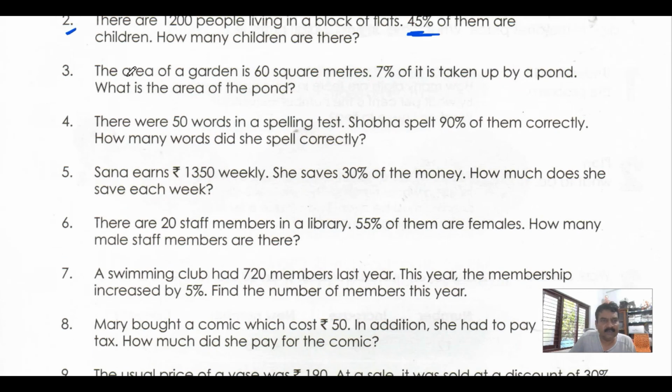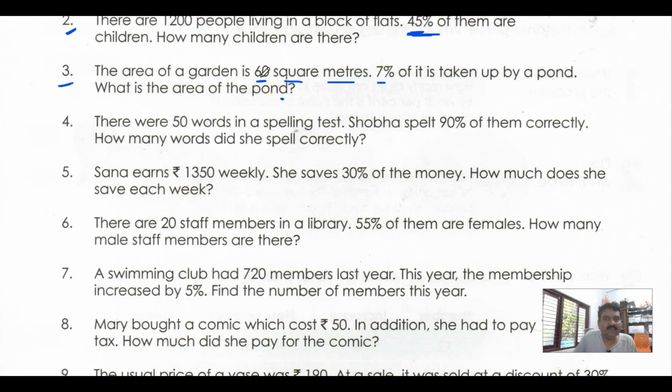Next question is, the area of a garden is 60 square meters. 7% of it is taken up by a pond. What is the area of the pond, he is asking. It's very simple, right? The area of a garden is 60 square meters.